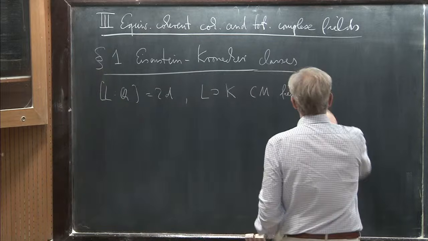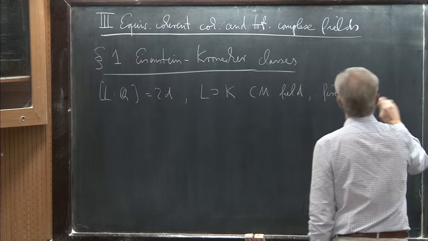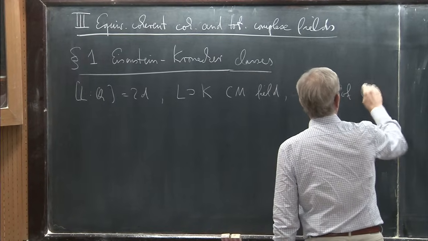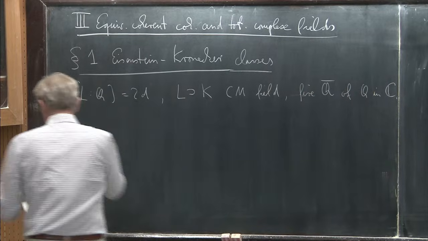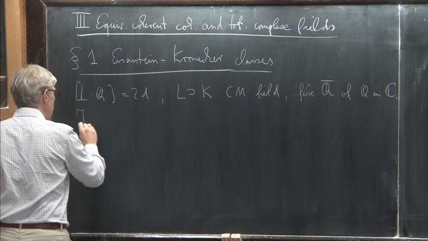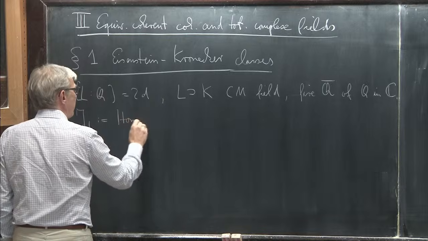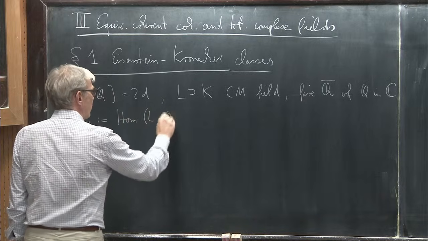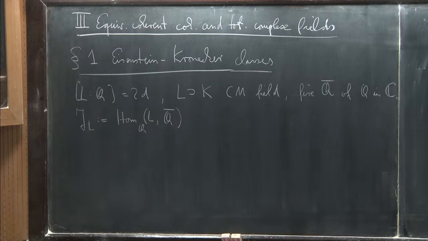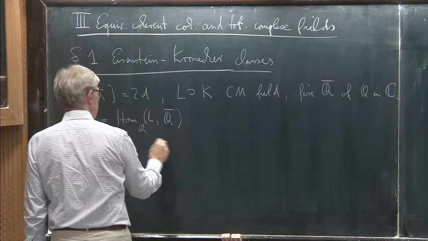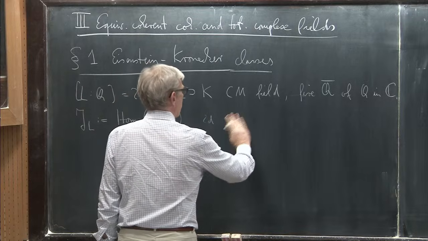And we also fix an algebraic closure of Q in the complex numbers. And we denote by J_L the set of embeddings of that field L into Q bar. So there are in total 2D embeddings.